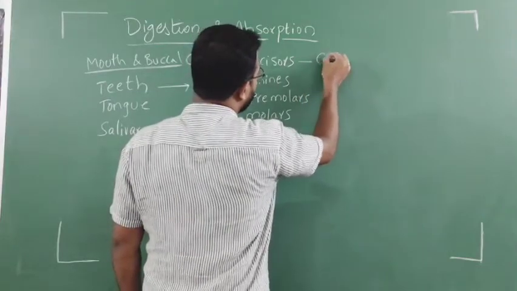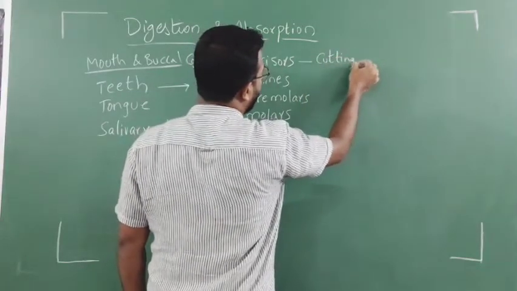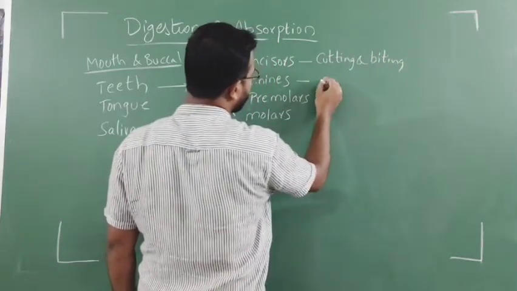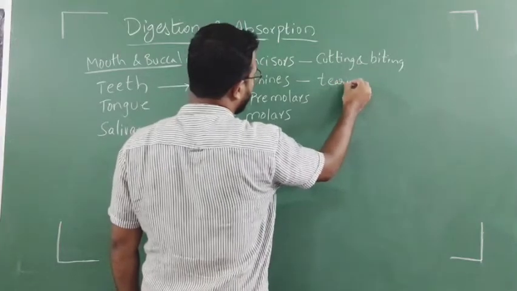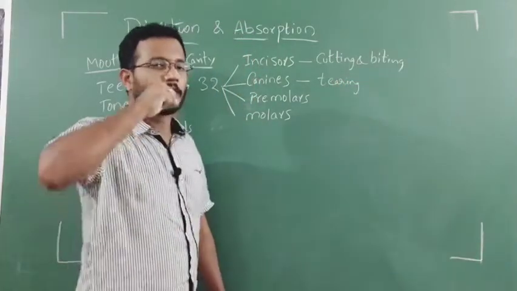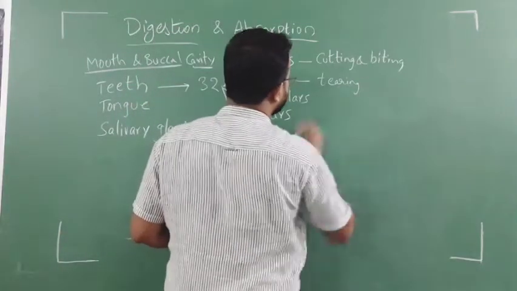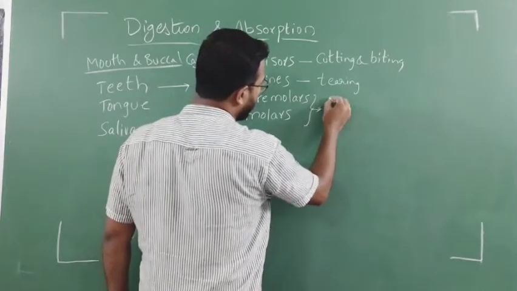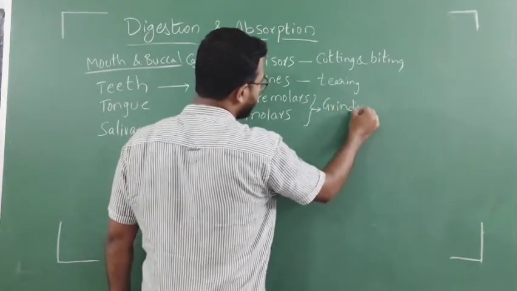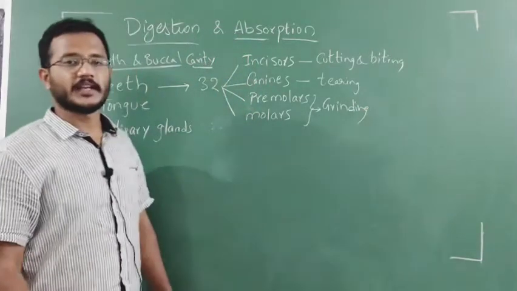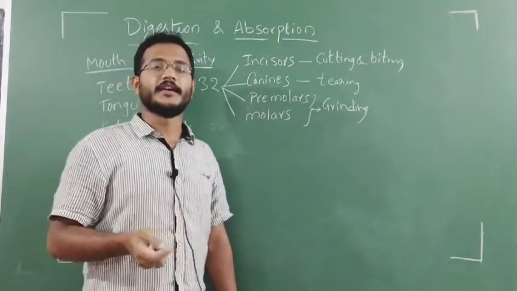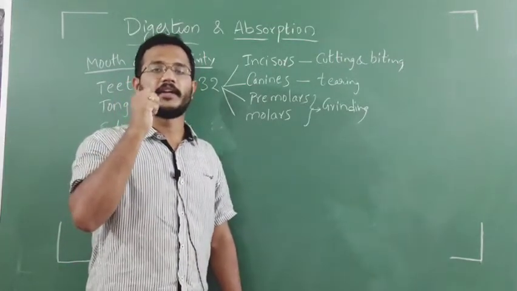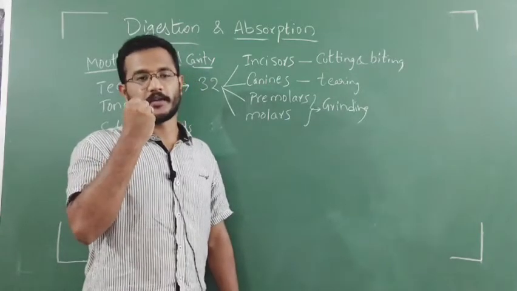Incisors are helpful for cutting and biting. Canines are helpful for tearing, that means tearing flesh. Premolars and molars are helpful for grinding. Whatever we are taking, it is ground by the premolars and molars into a paste-like material.